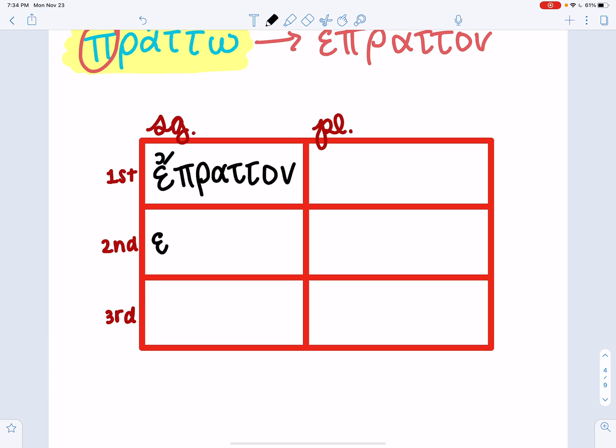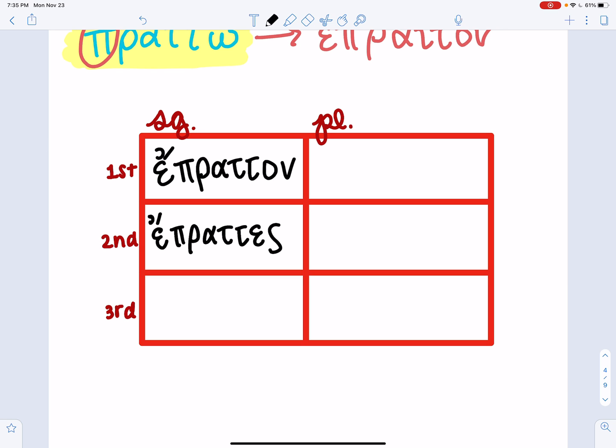So now we have eprats, right? No iota. Iota would mean that we're either in the present or in the future, depending on what's going on here. And again, we have smooth breathing, and that epsilon is short, so we're going back 2 spaces, and we end up here.